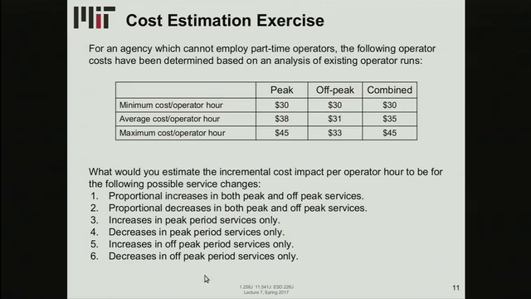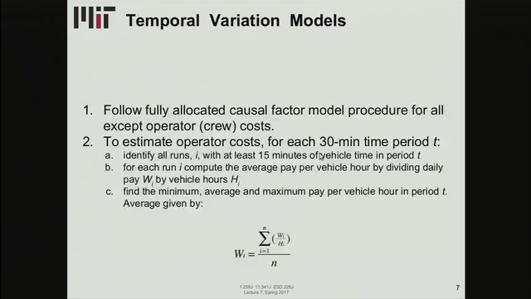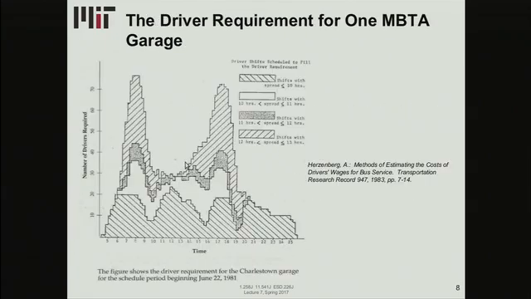So what about decreases in off-peak period service? So now we are actually decreasing the off-peak and doing everything else the same. So what two things happen? Presumably off-peak services are straight runs, right?